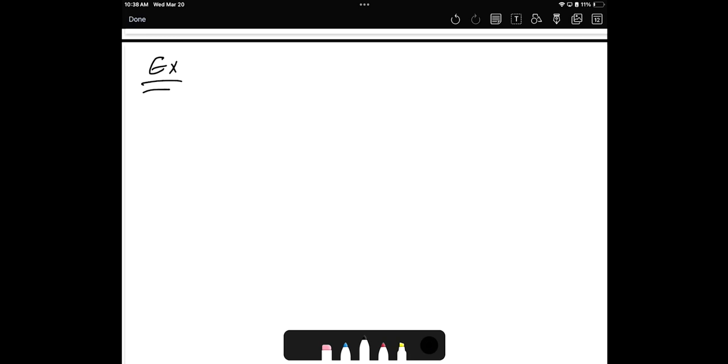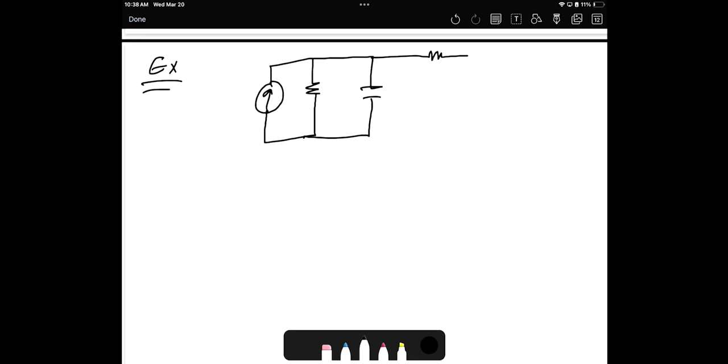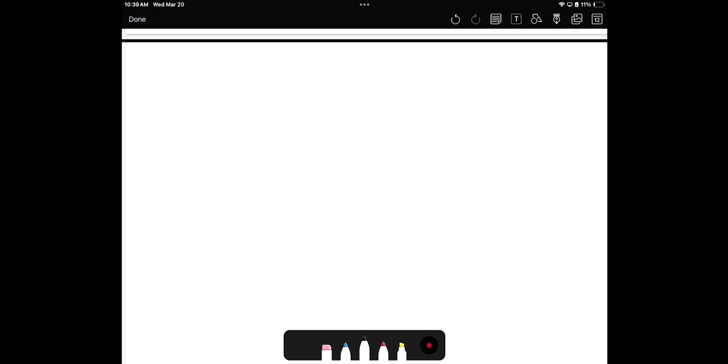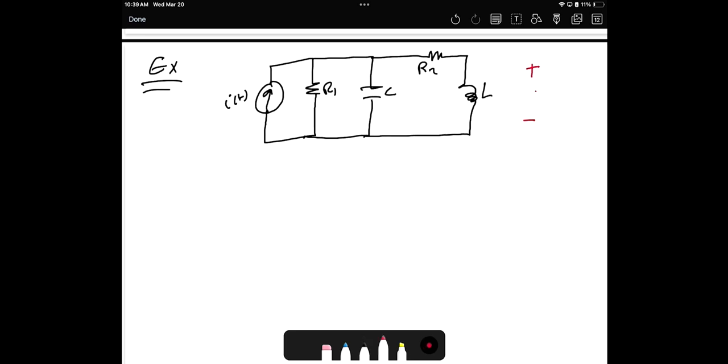Assume we have this circuit. So this is the resistor, capacitor, this is R2, this is R1, this is I of t, this is AC, and here's I. And our target is to calculate V out of t.